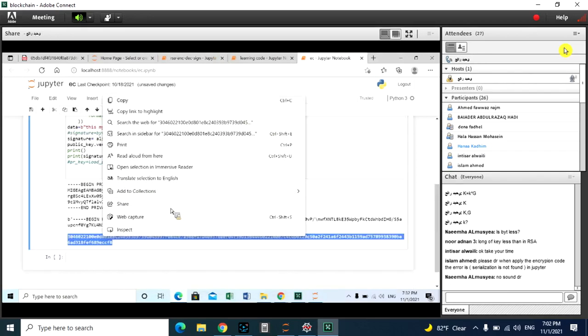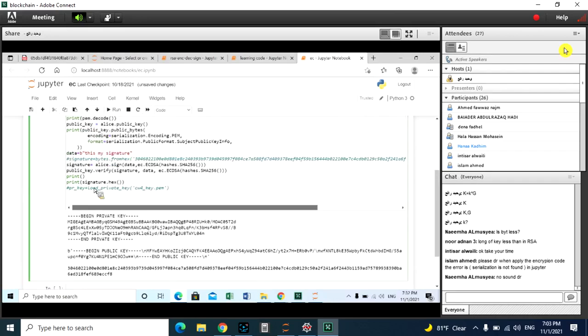I don't want to generate the signature again, so I use this signature, and this is the data. The command reports an invalid signature.